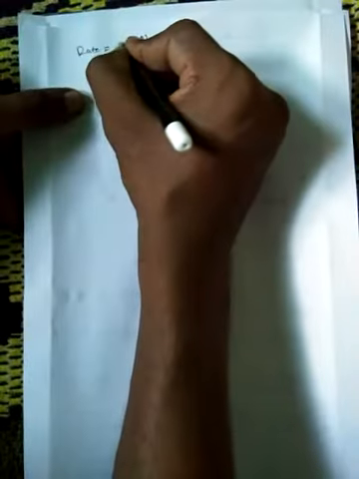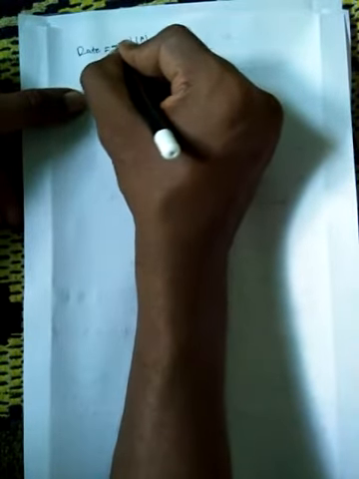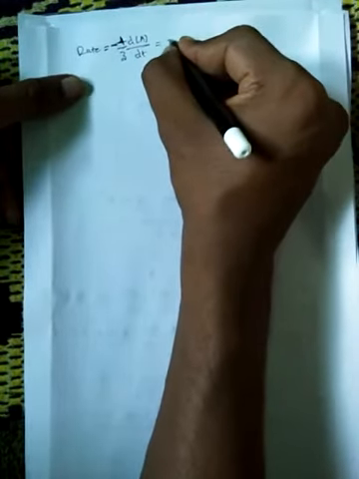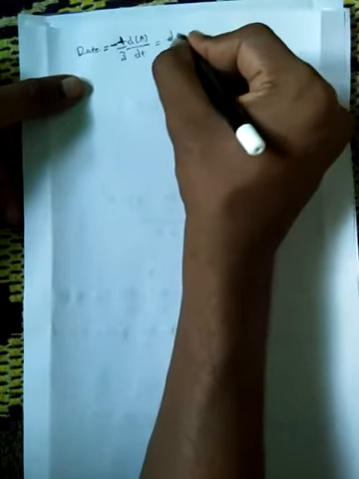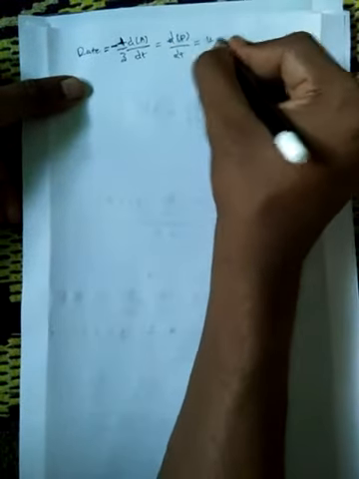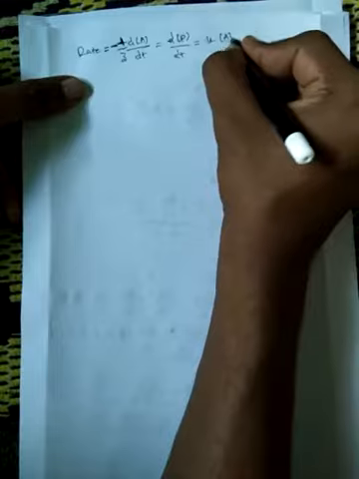This is the rate equation for this type of reaction. So this is minus 1 by 3 dA/dt equal to dP/dt equal to K concentration of A power 3.